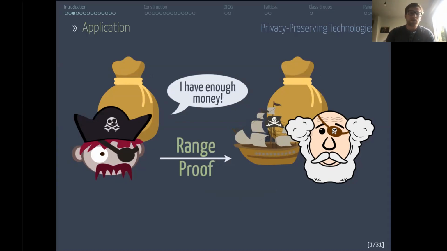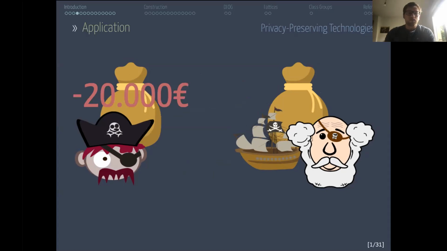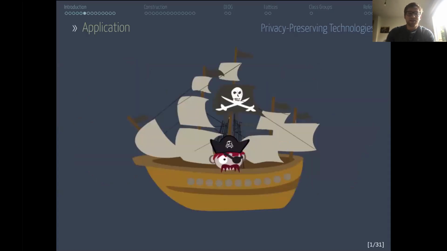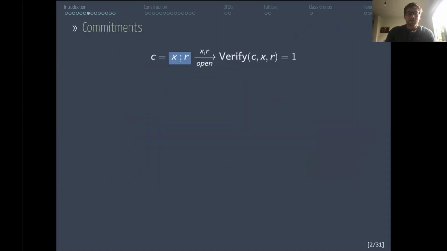Here's a range proof that certifies that my balance lies inside the range, such that I can still buy the boat, so that I can perform the transaction and still have more than zero crypto money. And then the pirates can just perform the transaction on the hidden balance homomorphically, for example, and then everyone is happy. So far for the basics.